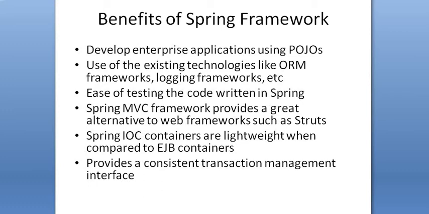By using POJOs, it is easier to use dependency injection for injecting the test data. We will explore the term dependency injection in further tutorials, but as of now, just understand that it is very easy to test the code written in Spring.